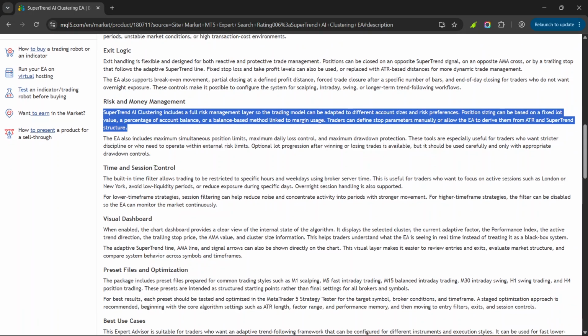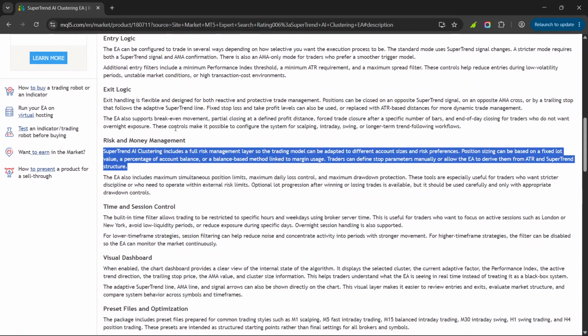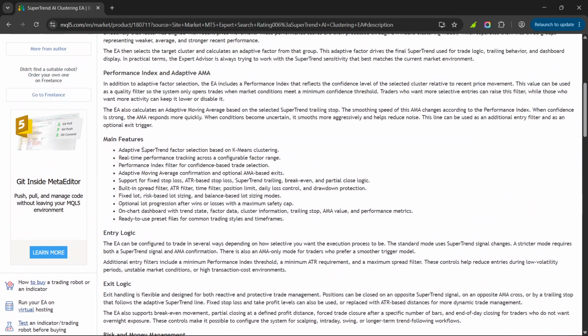Now, the features the developer highlights: adaptive SuperTrend selection via clustering, real-time performance tracking, performance index filter, and the adaptive AMA for confirmation and exit.